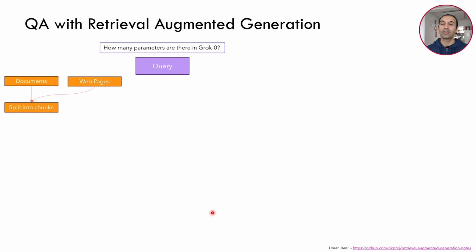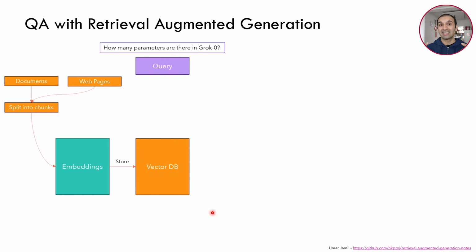Usually we split each of these documents into small sentences, and the web pages are split in the same way. We create embeddings of these sentences such that each embedding is a vector of a fixed size that captures the meaning of each sentence.